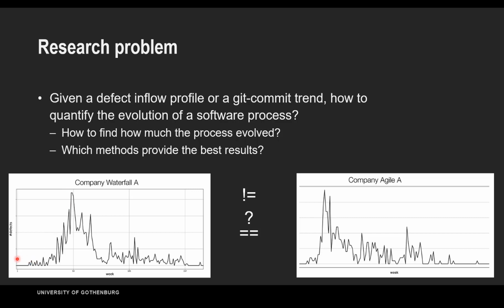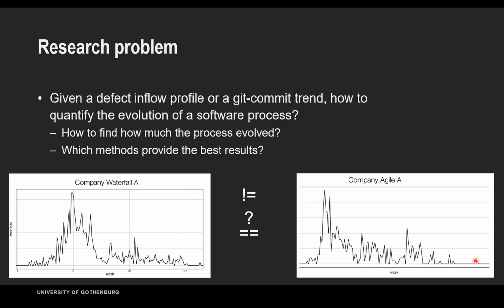Those methods are very sensitive to starting at the same place, so the length of a zero or when the first defect was reported could be quite different. It's also the length of the entire project that is quite tricky to capture in existing methods.